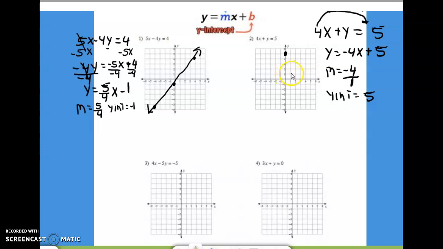So I'll go over 1. Now you notice I can't go backwards on this, but I could probably squeeze one more in here, right? So I'm going to go 1, 2, 3, down 4, over 1. You still get the idea that the line is negative, right? And it's going down.